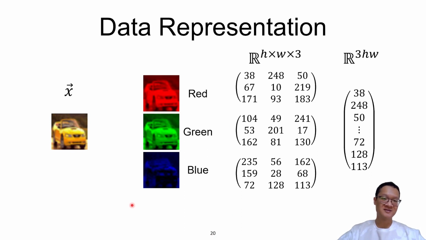With colored images, we would have 3 channels, red, green, and blue. Each of the channels could be represented by some matrix, each element of the matrix representing the strength of, let's say, red in every pixel. If you vectorize, if you kind of stack all the rows on top of each other, you would have a very long vector, basically.